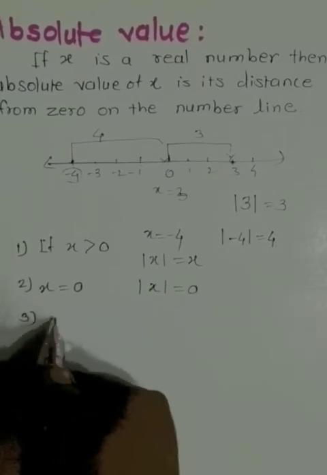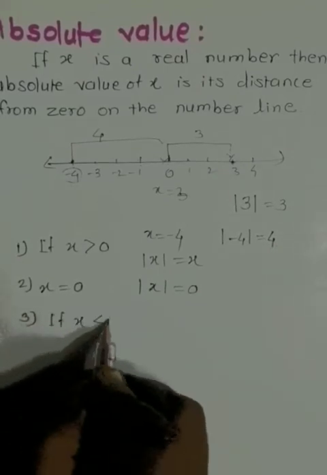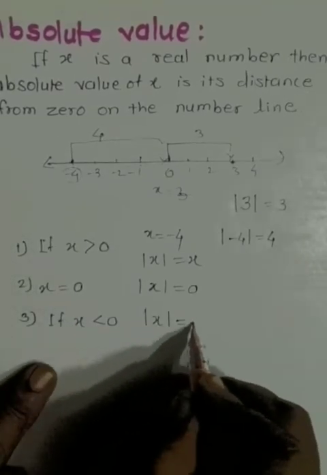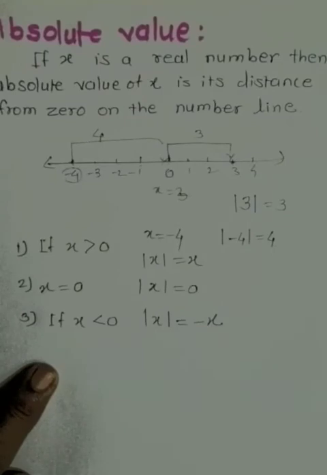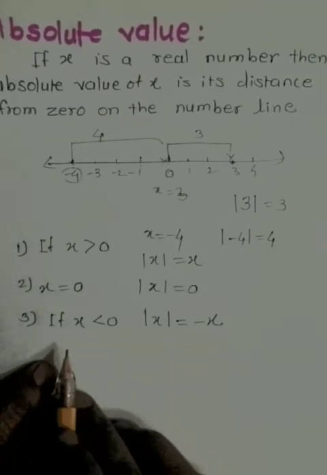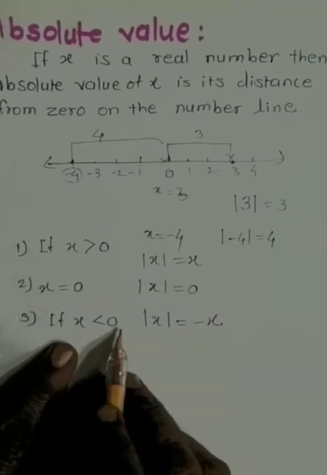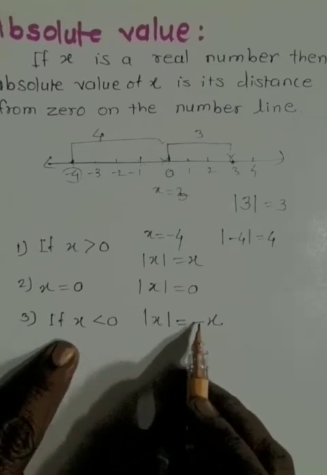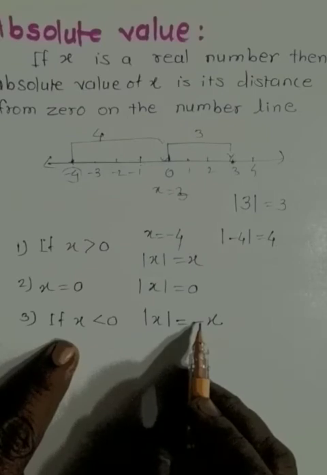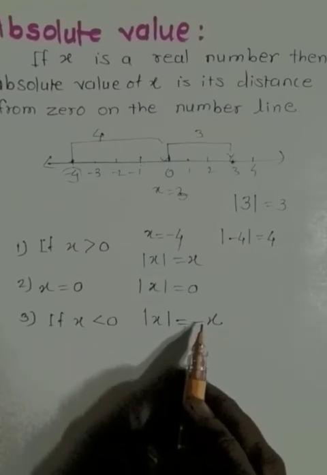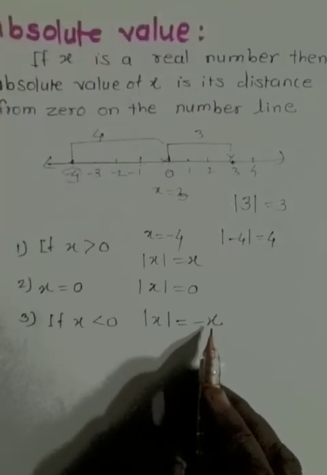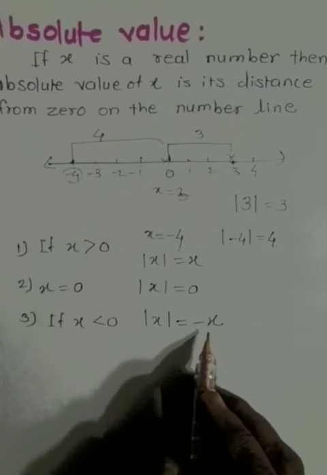Third, if x is negative, meaning less than 0, then the mod of x is equal to -x. That means if x is negative, its absolute value is positive, and these are the properties of modulus.